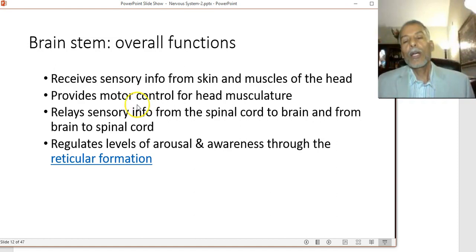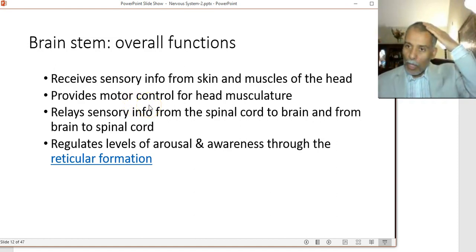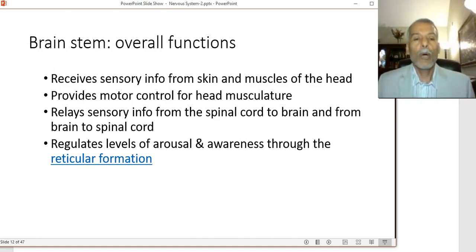It also provides motor control. Motor commands made here travel down to the brainstem, and are then sent either to your facial muscles or to your lower body parts. So sensory and motor. In addition, there are the centers we have spoken about for breathing, heart rate, digestion, hearing, and so on.